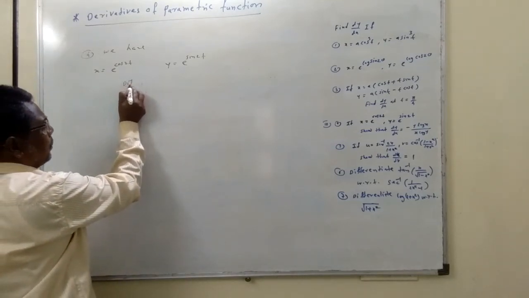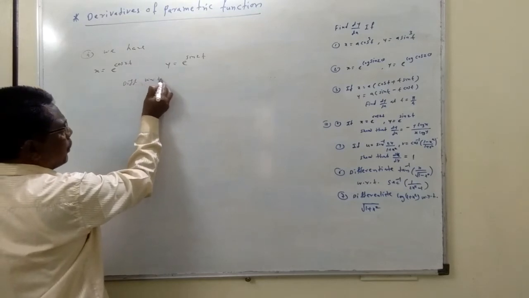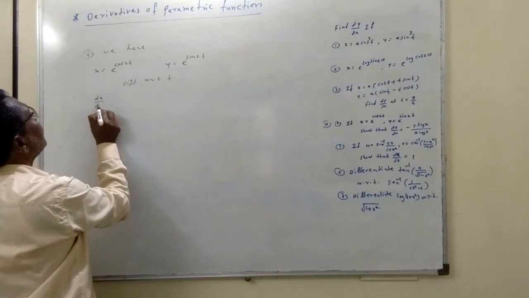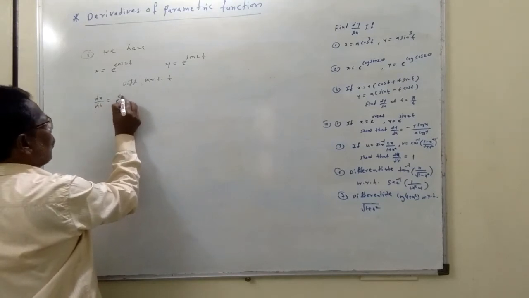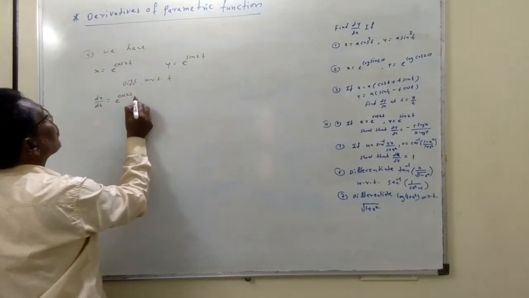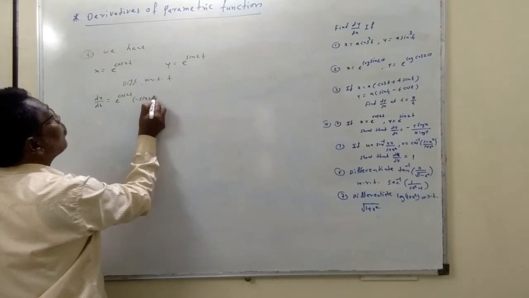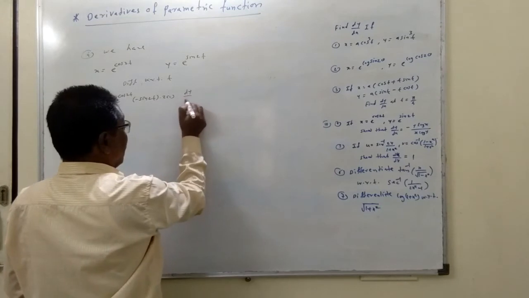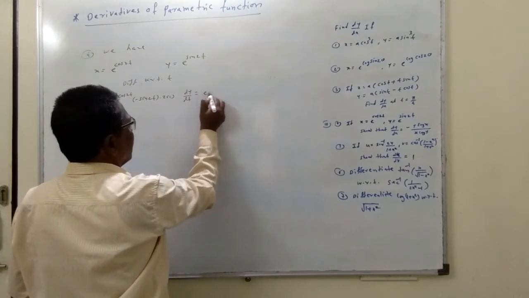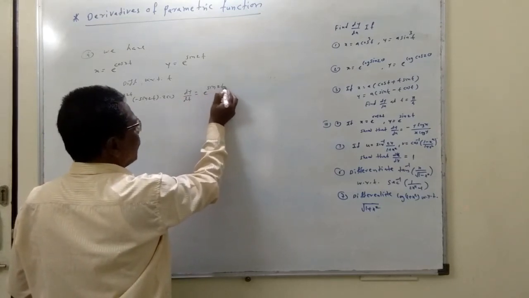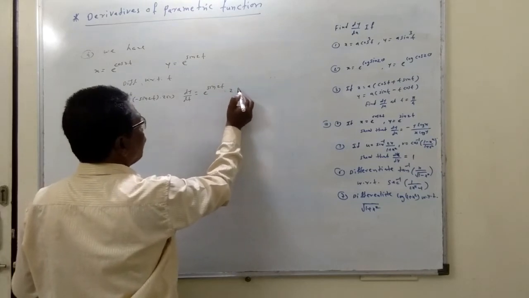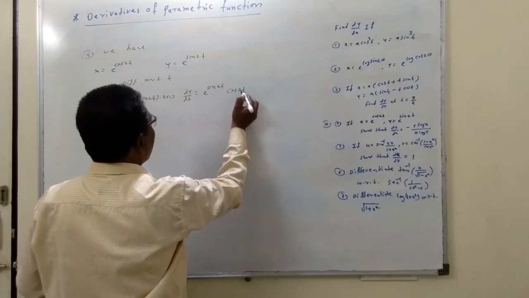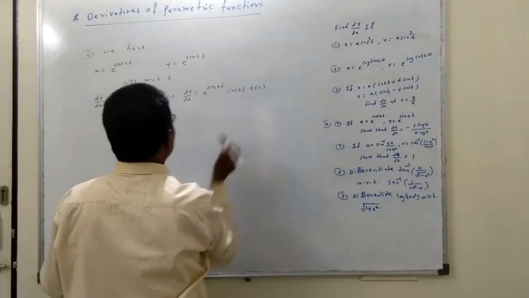So differentiate first with respect to t. dx by dt is e raised to cos 2t and the derivative of cos is minus sin 2t into 2 into 1. dy by dt is e raised to sin 2t into the derivative of sin, which is cos 2t, and the derivative of 2t is 2 into 1.